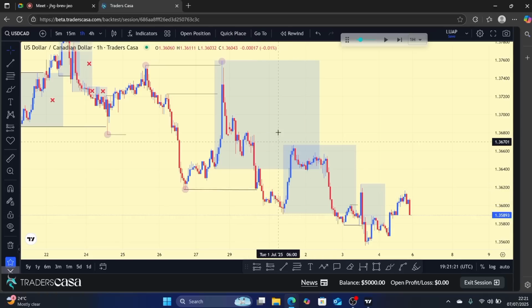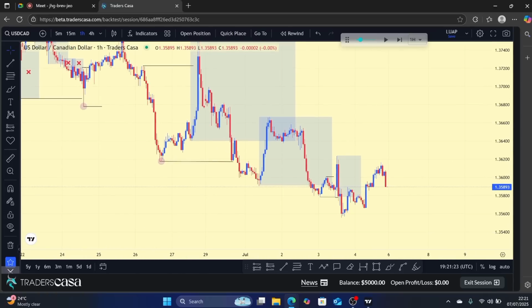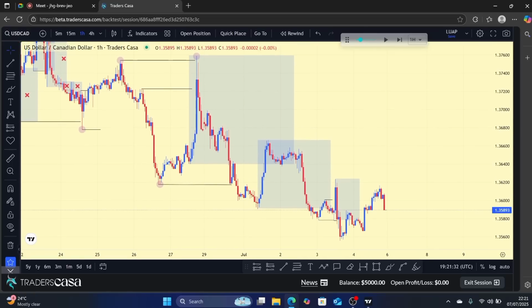So even though I was marking the order blocks here, this was irrelevant because price took that out. All of this was irrelevant. Now in this case, I can consider this here to be a major inducement. It actually depends.